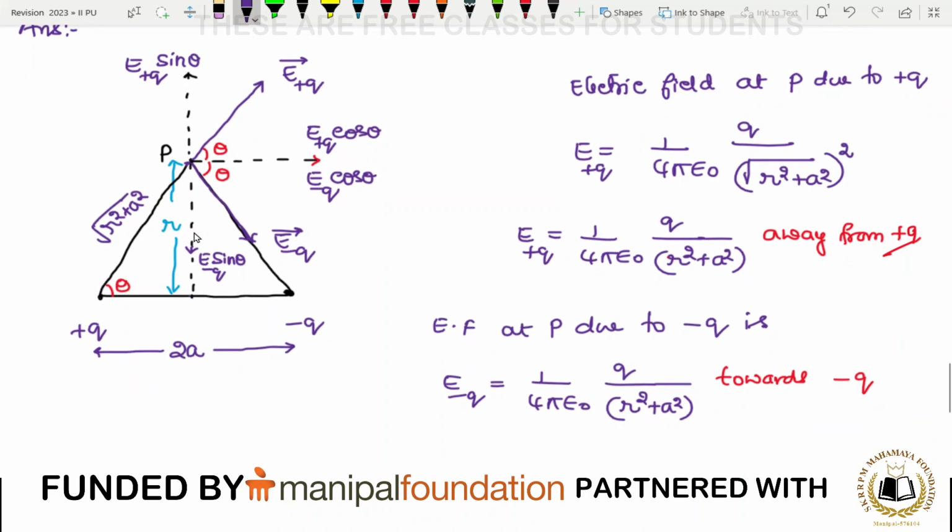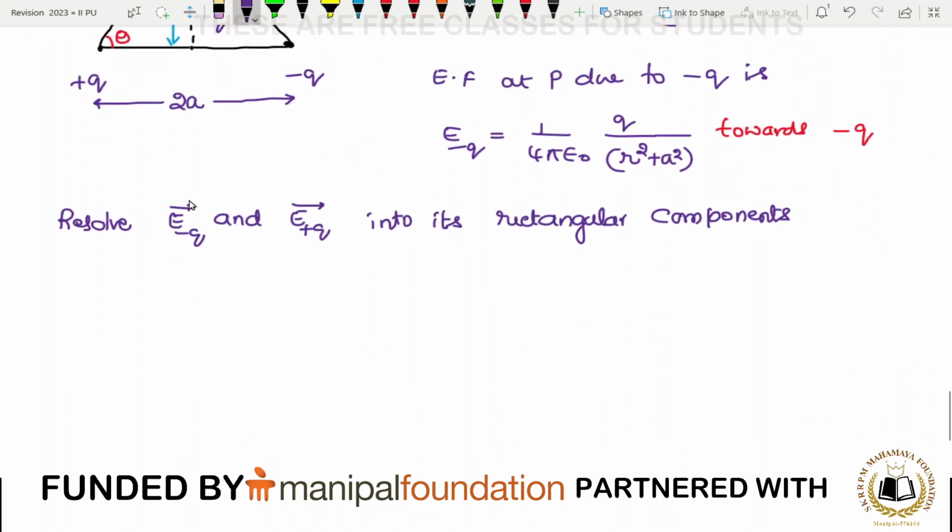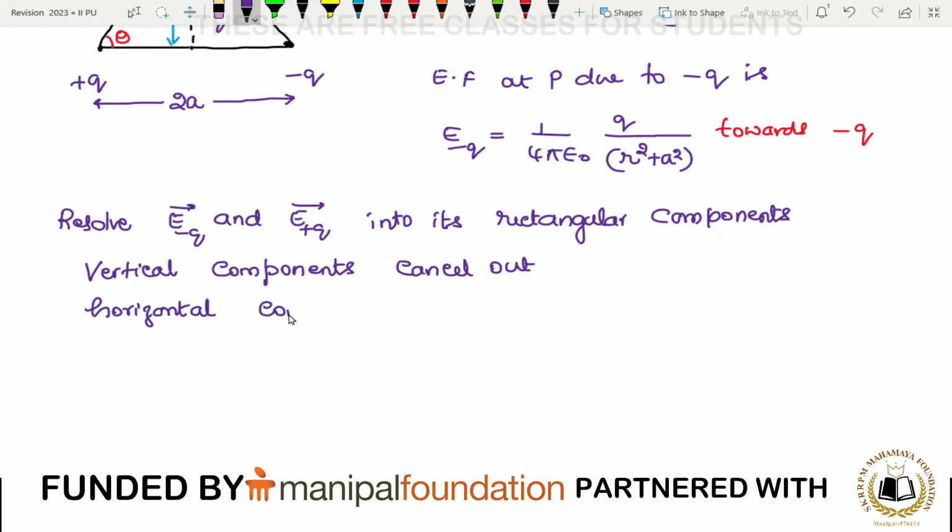What happens? These vertical components will get cancelled out. Then what happens to the horizontal components? Horizontal components add up.